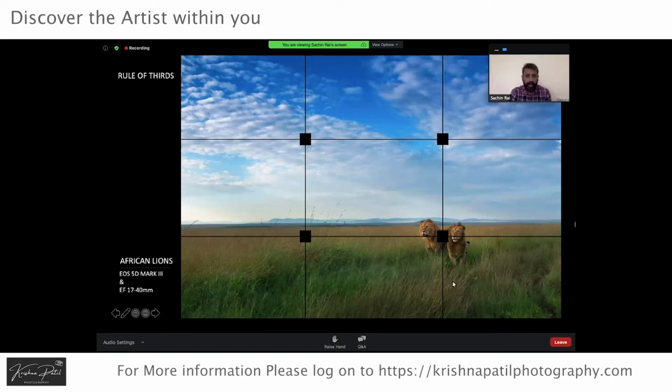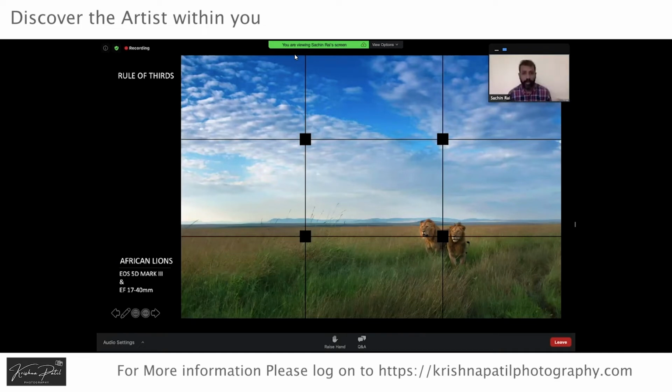So 33% vertical line, 33% another vertical line. You split into 33, 33, 33. Similarly, horizontal 33, 33, 33. At the cross junctions is where you should ideally place your subject. So the idea is do not try to keep your subject in the center of the frame. Try your level best not to keep the subject in the center, but at a one-third position.